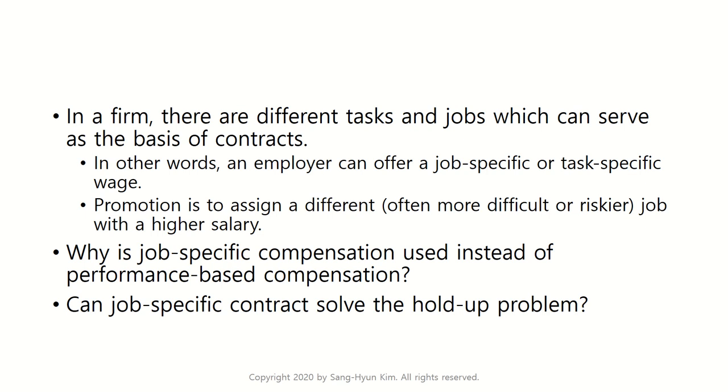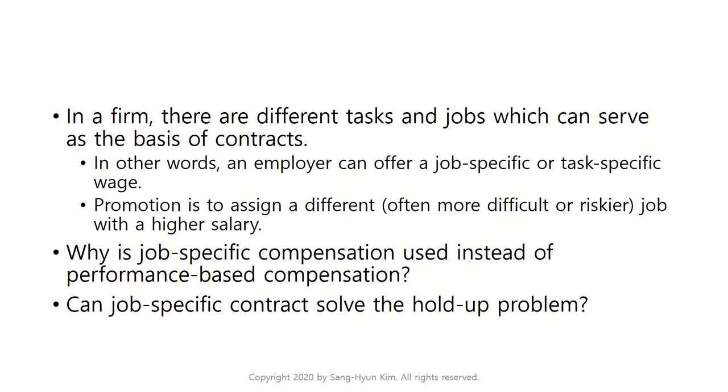There we assume that performance, the output or the revenue, is observable and verifiable. Thus, it is contractable. So we could design a contract which gives incentive based on the performance, a performance-based incentive scheme.